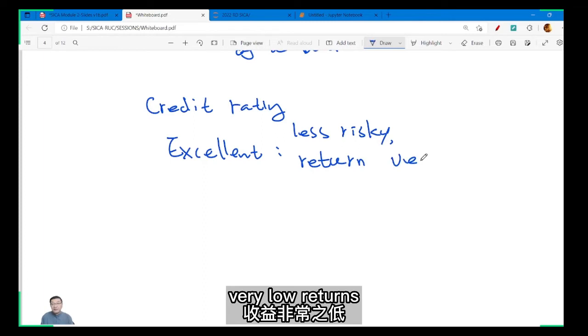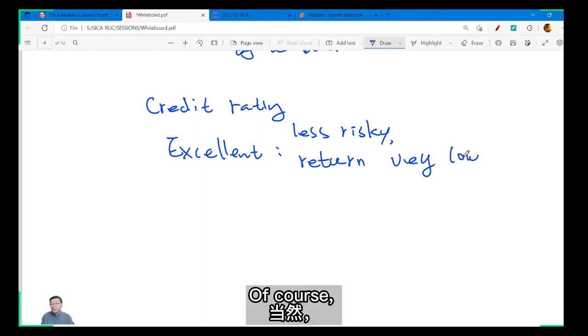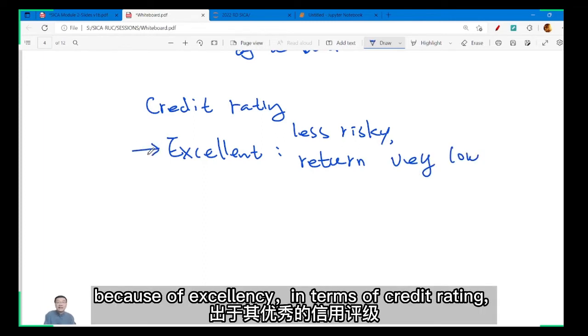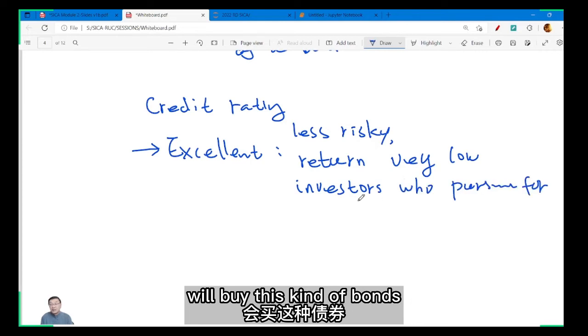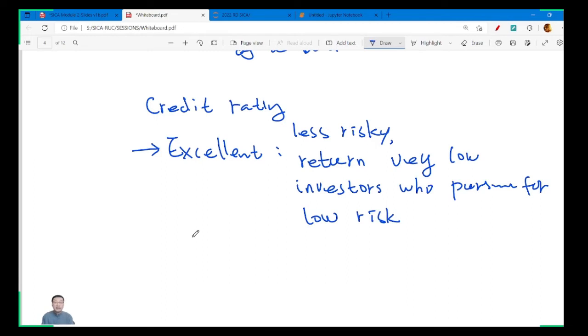Very low returns. Of course, because of the excellence in terms of credit rating, there will be many investors who pursue low risk who will buy this kind of bond.